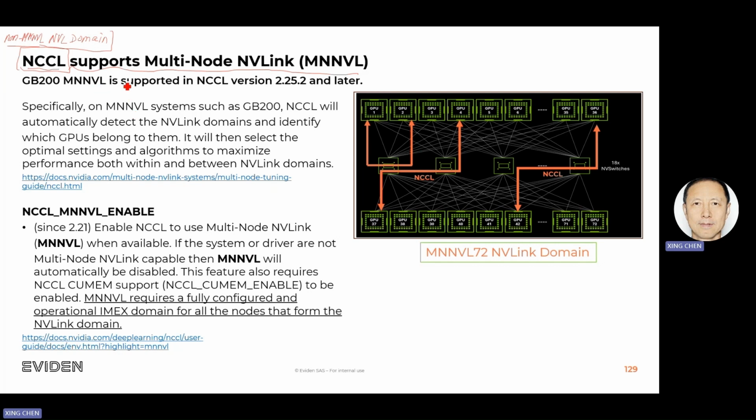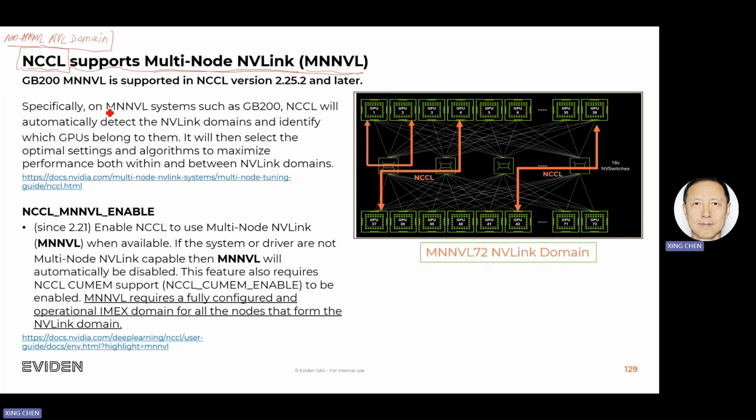Now, the fact is that NCCL also supports multi-node NVLink domains. So NCCL also supports MNVL domains, and NVL72 is a kind of MNVL domain. So this NCCL can be used with these kinds of domains. It can work perfectly with NVL72.